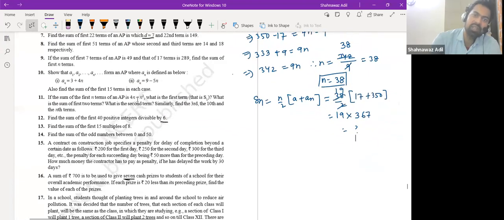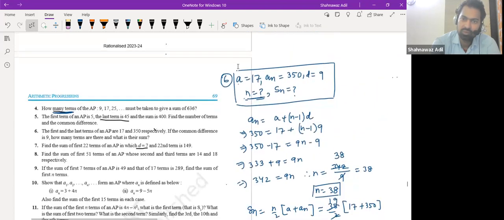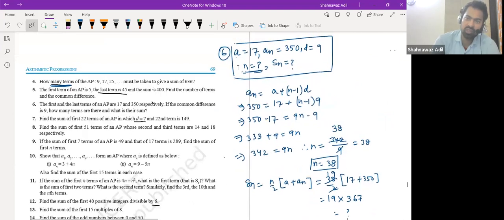And if you don't find one or two questions, or many questions, in your notebook, then please let me know. Then I will send you the solutions, right? Okay, so note down this part. Yes, did you note it down?